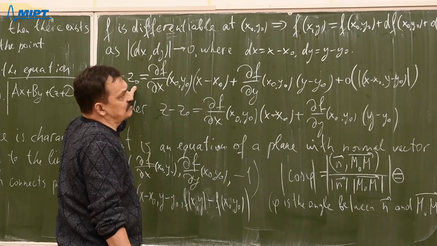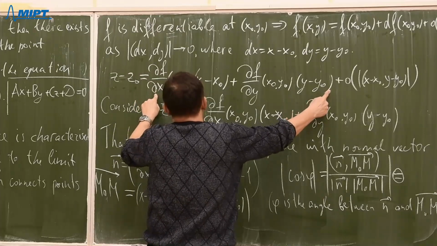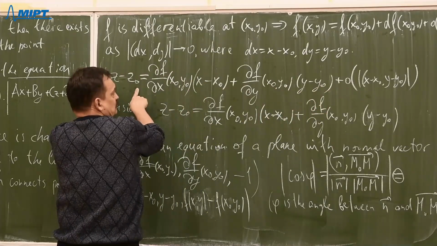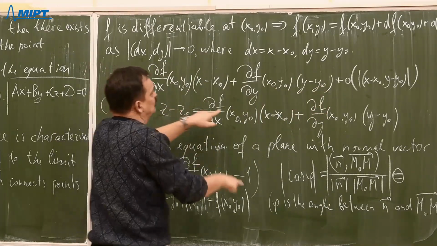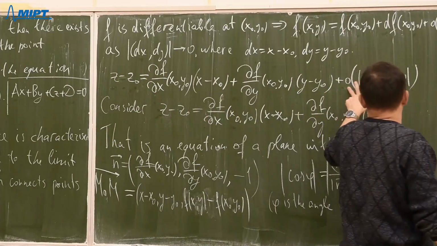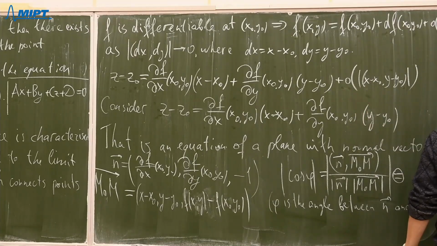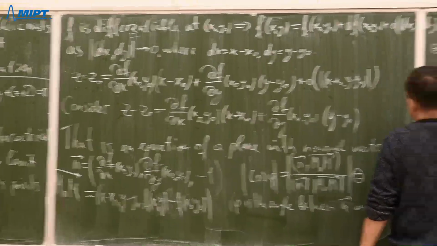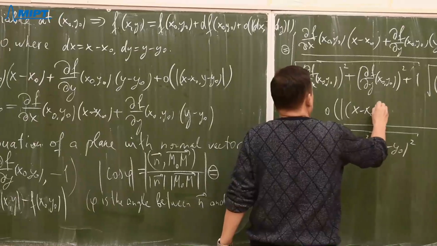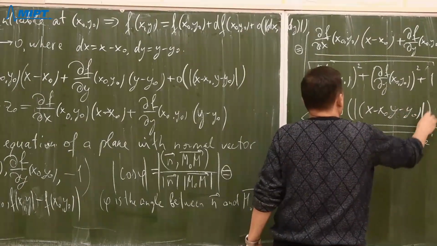So what is written in the numerator is the difference between this and that. So according to the definition of differentiability, this is little o of the norm of x minus x naught, y minus y naught.